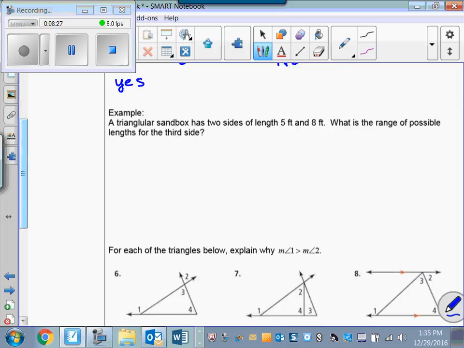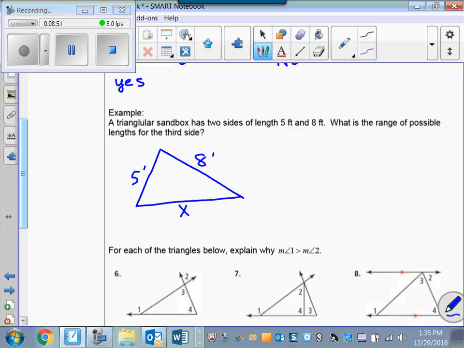Okay, how about this? A triangular sandbox has two sides of length 5 feet and 8 feet. There's what I'm trying to find. What is the range of possible lengths for the third side?